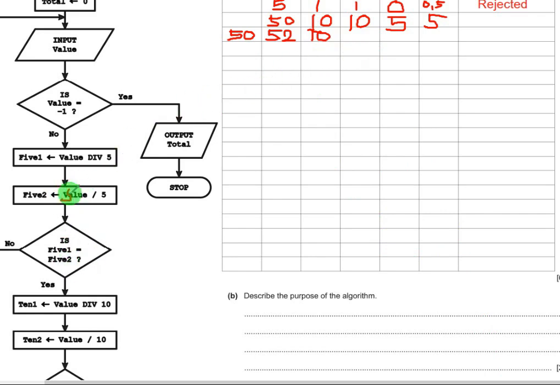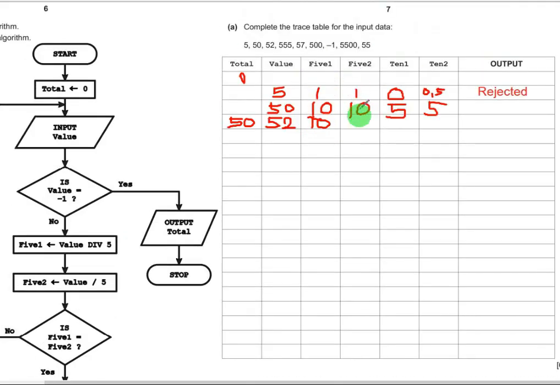It's 52 divided by 5. It will be 10.4. So this one will be 10.4.